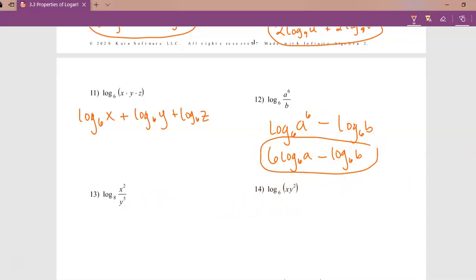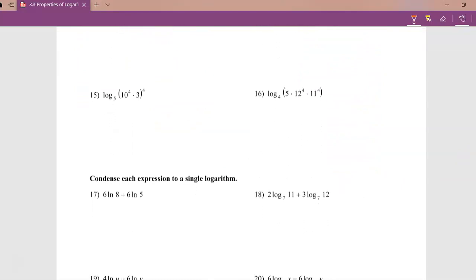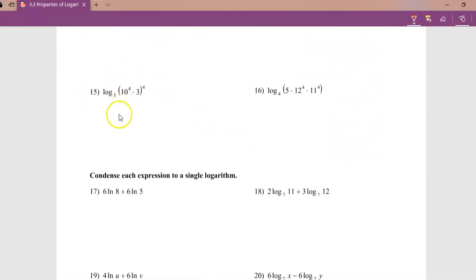Okay. So I'm not going to do every one of these, but we'll do one more. Let's do number 15. So on 15, I have 10 to the 4th times 3, and then I also have a 4 on the outside. I need to raise everything on the inside to that extra 4th power. And remember, if I already have an exponent on something and then I raise it to another exponent, I multiply the exponents together. So this would be log base 5 of 10 to the 16th times 3 to the 4th.